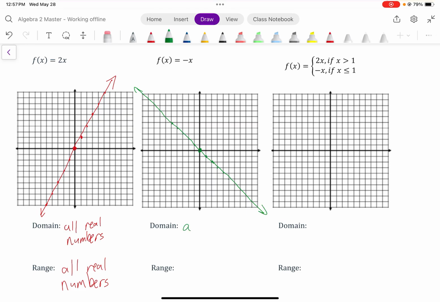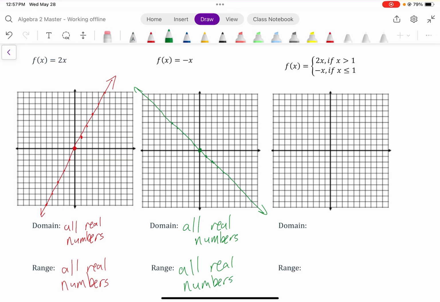This one also has a domain of all real numbers and a range of all real numbers. In general, when you see a line that's in any sort of slant, you're going to have all real numbers for your domain and range, unless you're told you have restrictions otherwise.